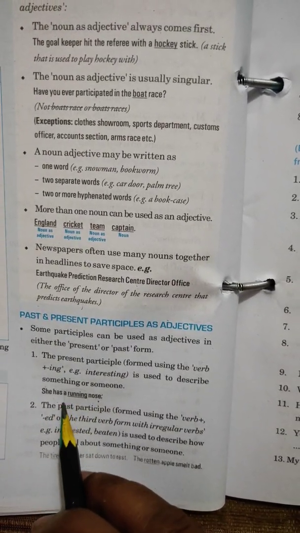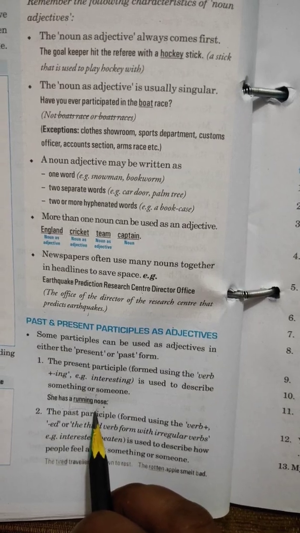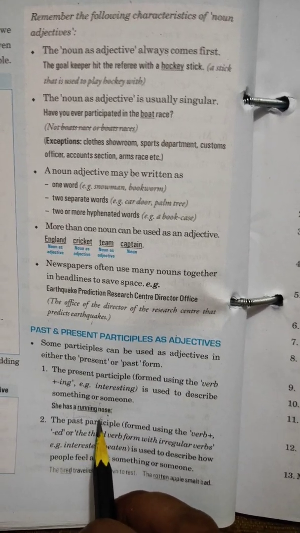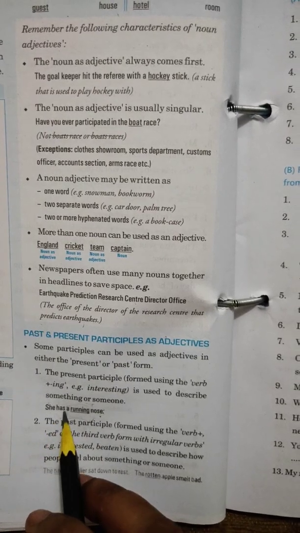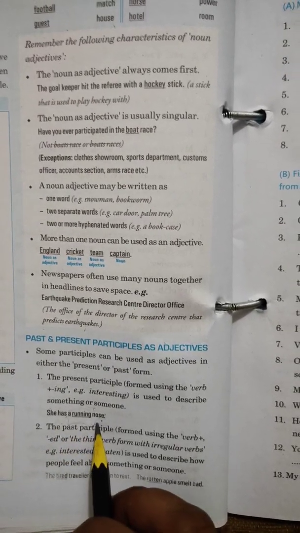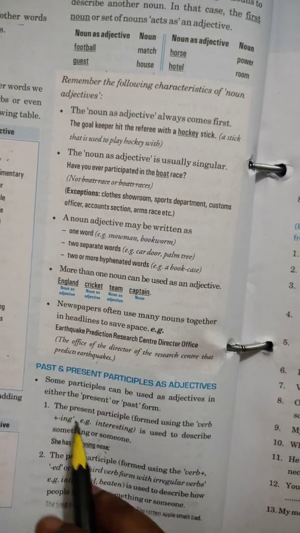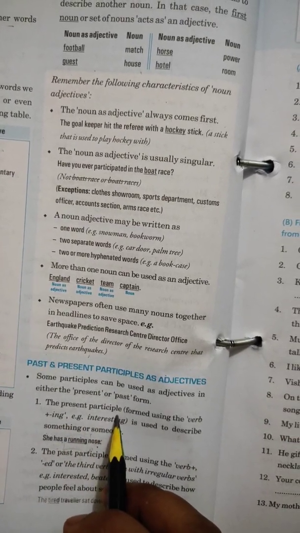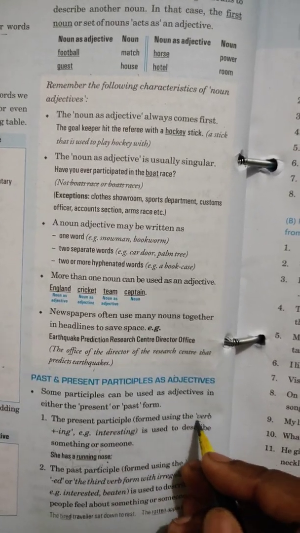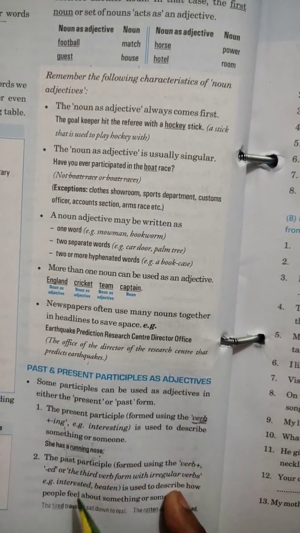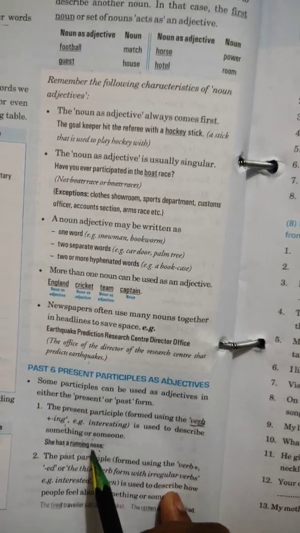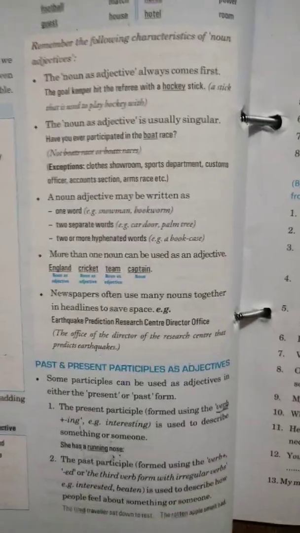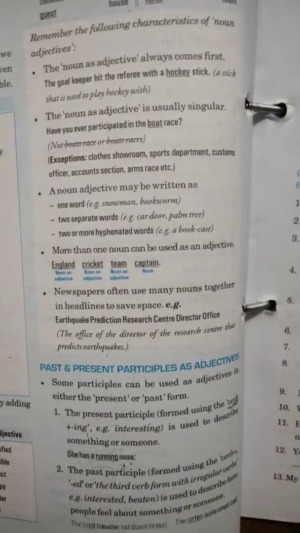Running is actually a verb, but here it is not acting as a verb. Here this word is a present participle. Yes, of course it is known as a verb, but here it is acting as an adjective. She has a running nose. Right?